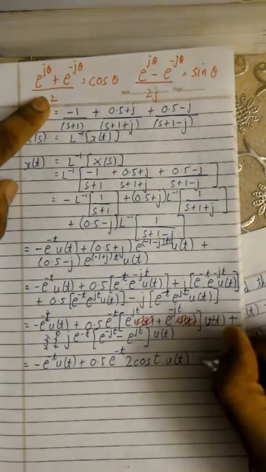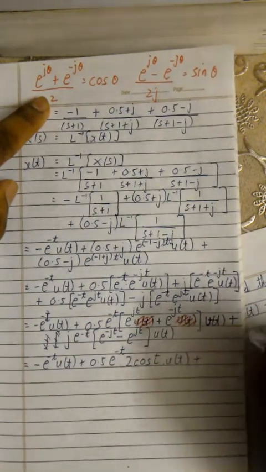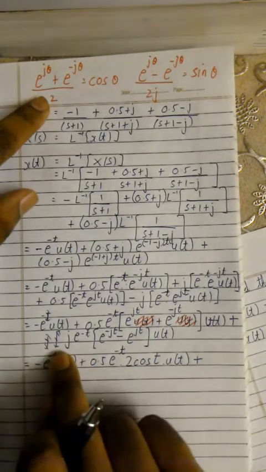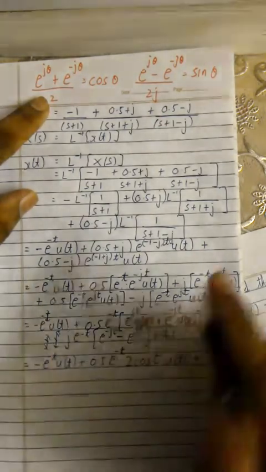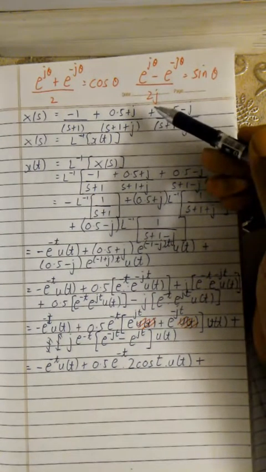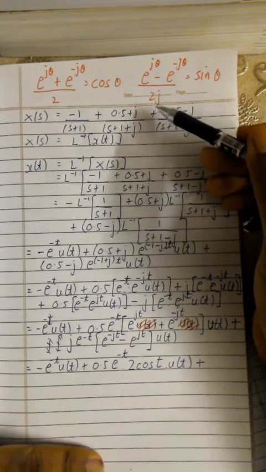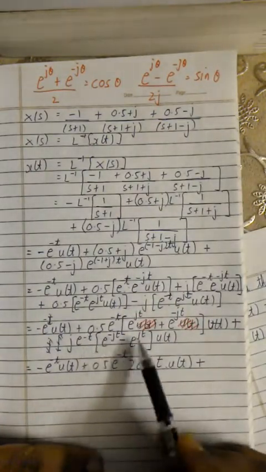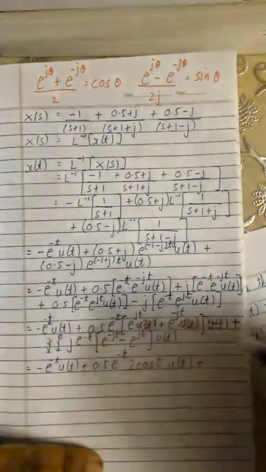Plus, now if you look over here, j is already over here, and here also j is over here. If I take this minus outside, let me rewrite this.